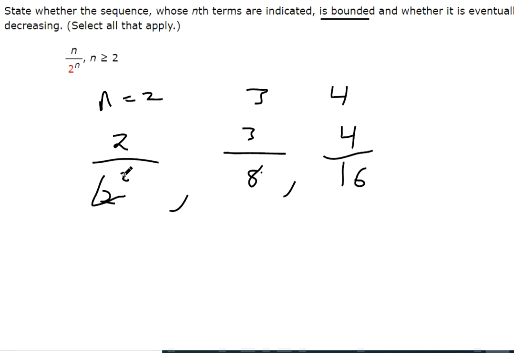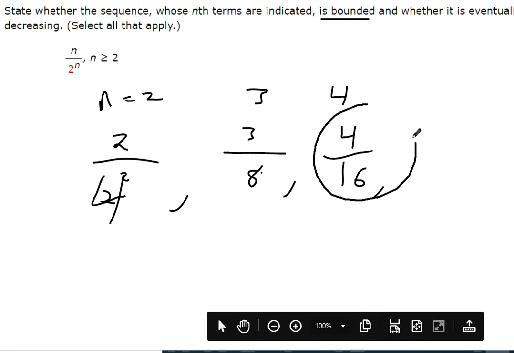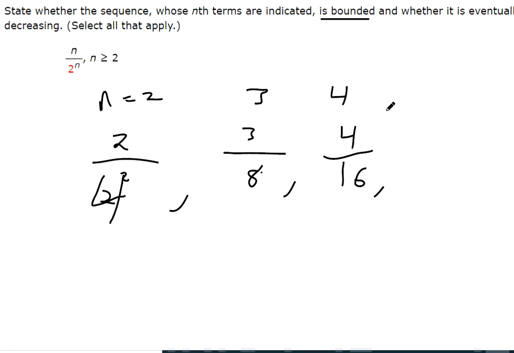So this is 2 over 4, 3 over 8, 4 over 16. The fractions are getting smaller and smaller, right? This fraction is 0.5. If you pull out your calculator, this is 0.375. This is 0.25. So this is getting smaller and smaller.